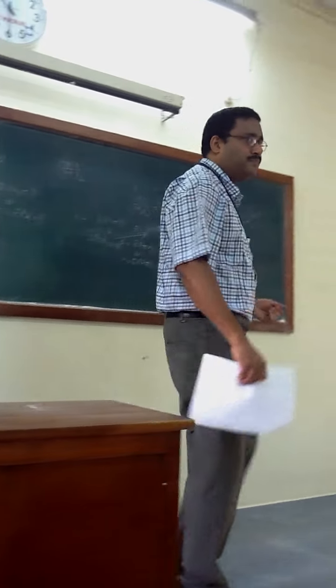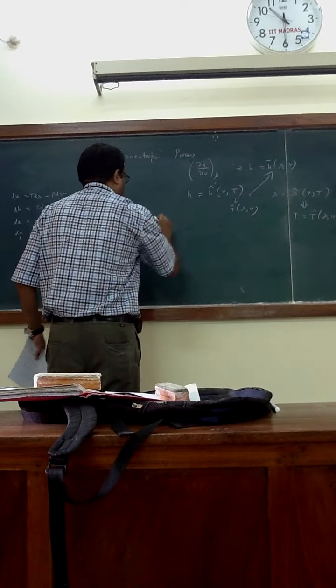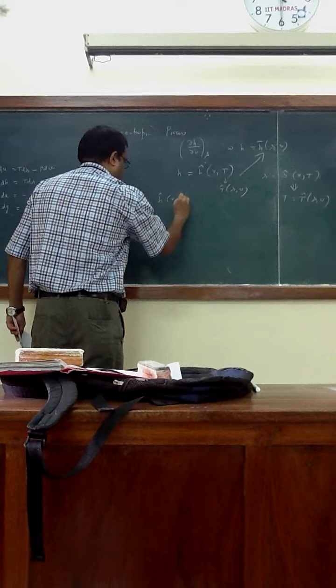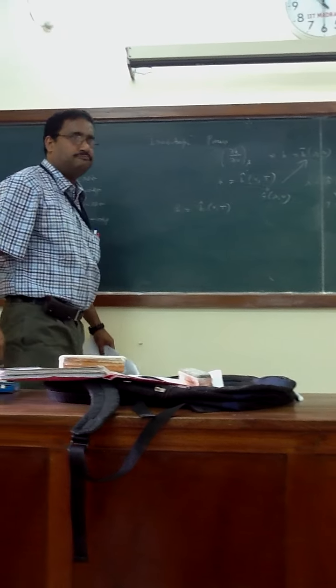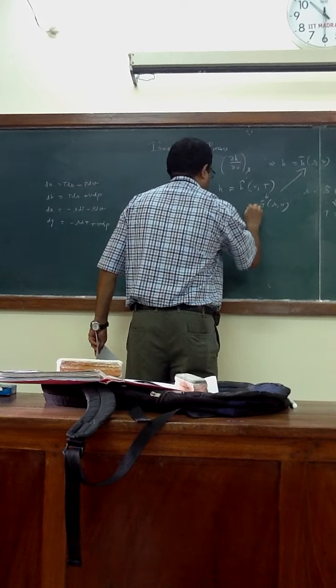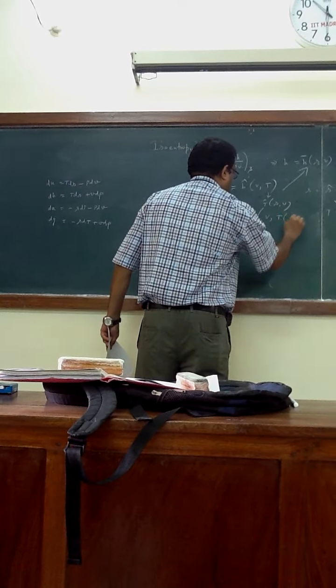You got the result. So we have dou H by, H is a function of V and T. This is my master equation, which is nothing but H hat (V, T).